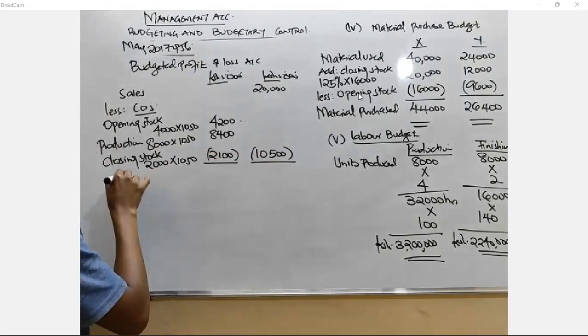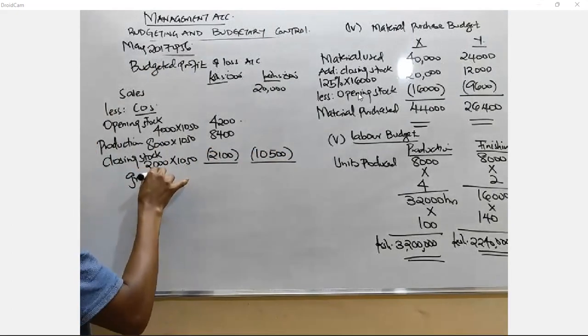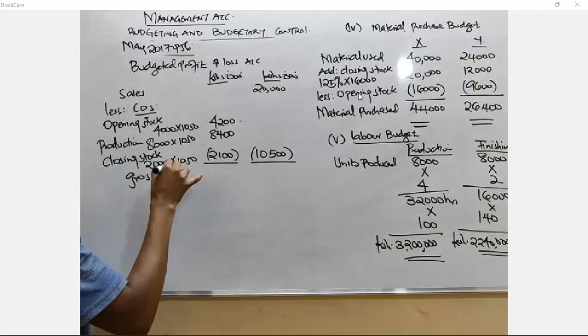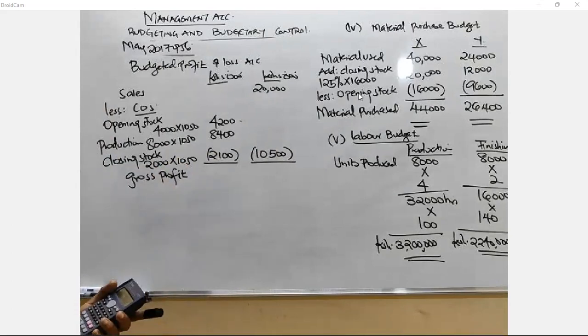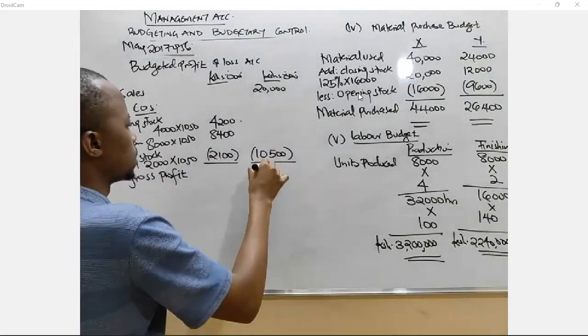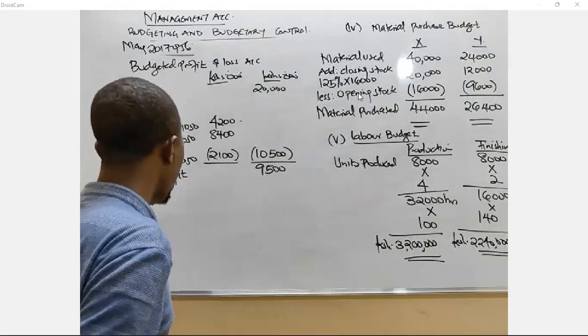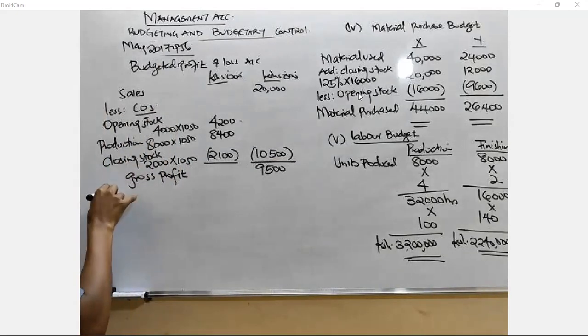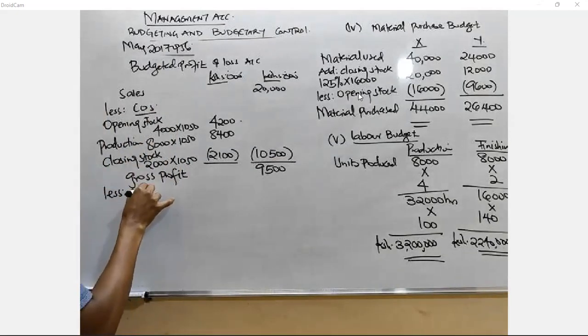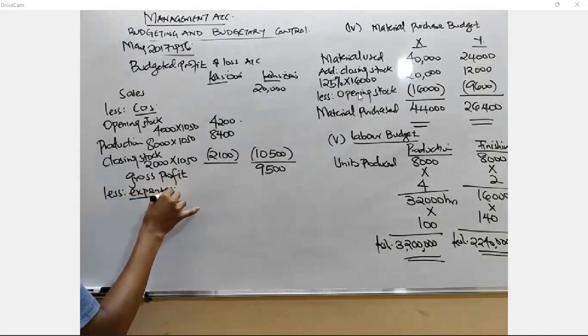What is your gross profit? I say 20,000 minus my answer, I'm getting 9,500. We less expenses. How much is our expenses here?